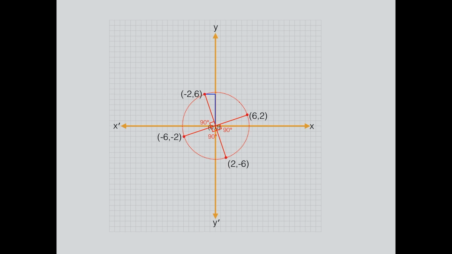And so, in theory, if this blue line hits 6, 2 again, that means we have rotated 360 degrees and that we have rotated 90 degrees every single time. And as you can see, it does. If we draw this line, you can see that indeed we have been rotating 90 degrees clockwise every single time. We went from 6, 2 to 2, negative 6 to negative 6, negative 2 to negative 2, 6, and then 360 degrees back again to 6, 2. And this was all done in a clockwise way.